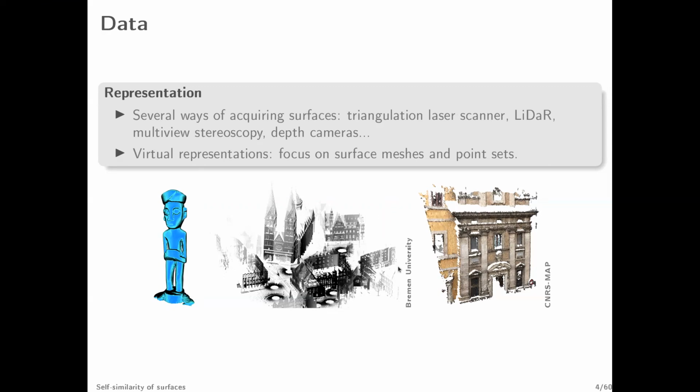And on the right, you have the results of stereoscopy. So you take several pictures of a scene, and then you are able to reconstruct the 3D. And all these data have different kinds of challenges, and they have different accuracies, and you still need to have robust algorithms to process them.